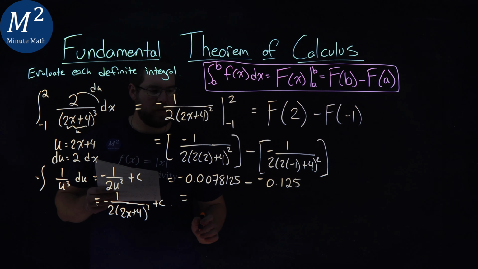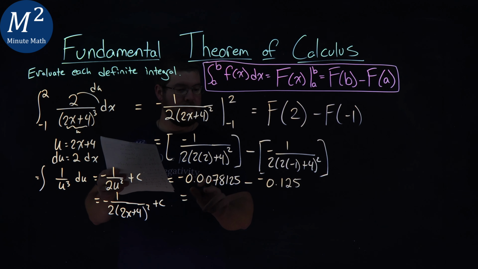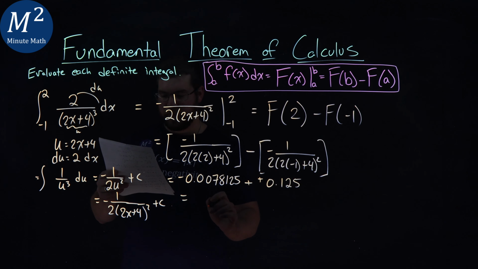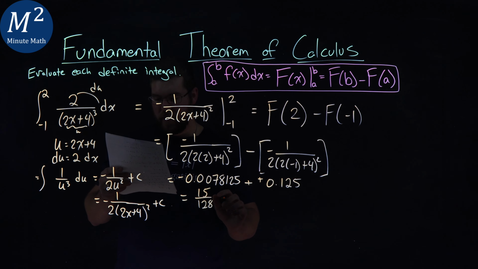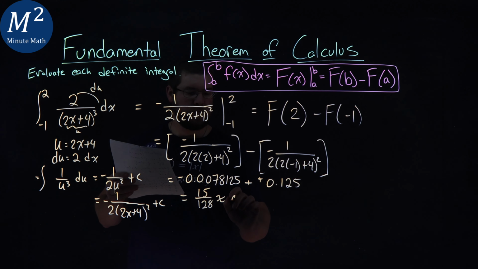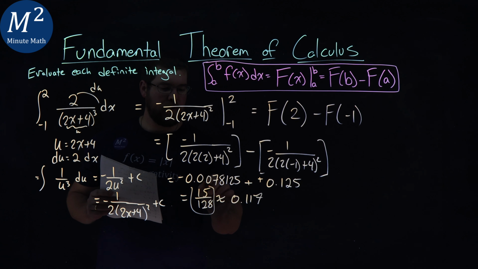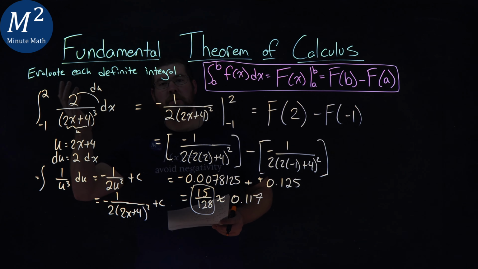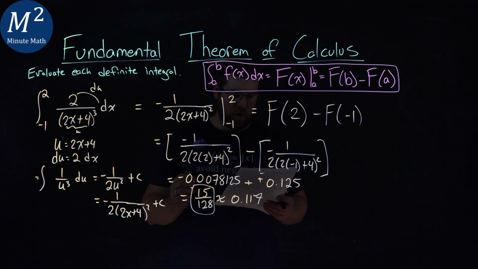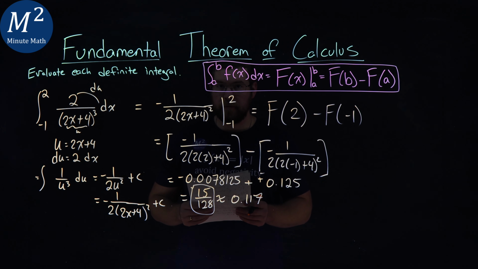When we combine them together, this actually comes out to be the fraction 15 over 128, which is approximately 0.117. Either way, we have our answer in fractional or decimal form, and so our integral from negative 1 to 2 of our function is 15 over 128.